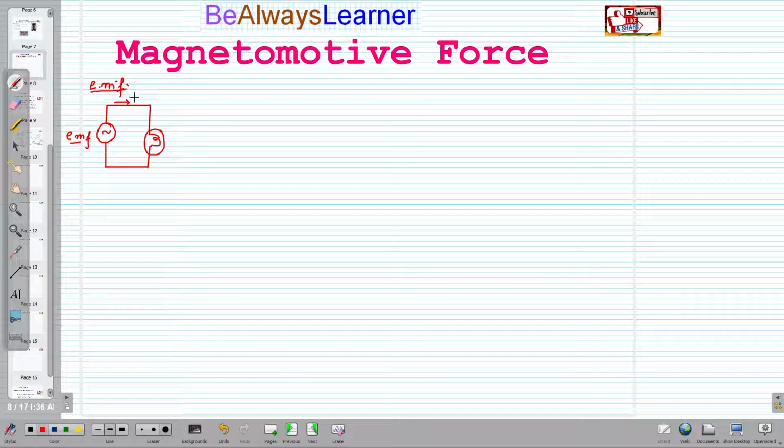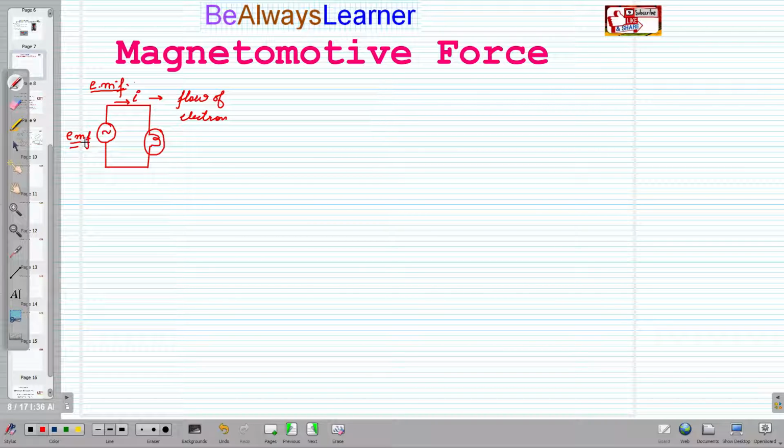Now there is a current going to flow, because of the flow of electrons. It means the reason for the flow of the current is that there is a thrust, as we can say, that is input force.